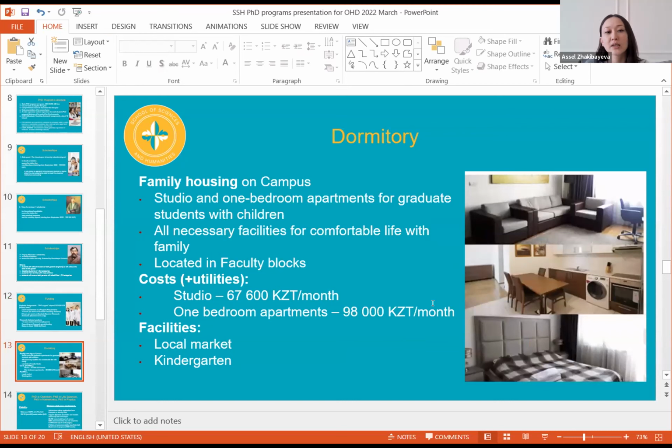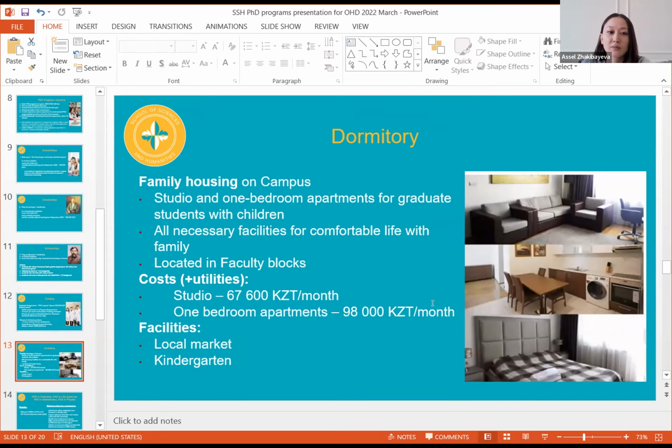The university has facilities like a kindergarten for children, a local market, and an Olympic size pool within the athletic center. The payments for these facilities are very low, and the costs for the different types of housing are also on the slide.